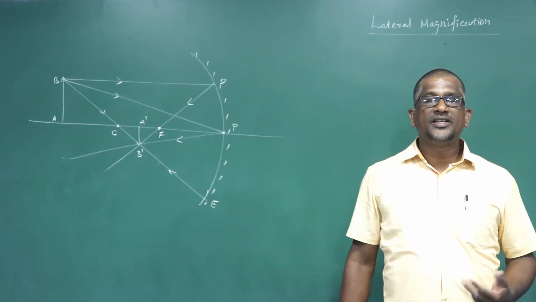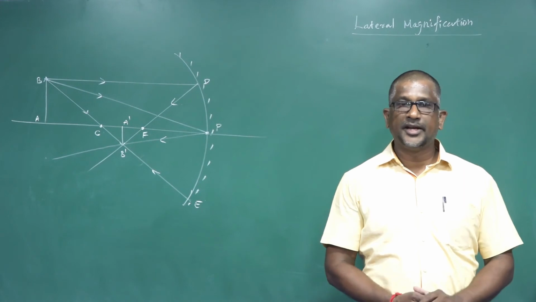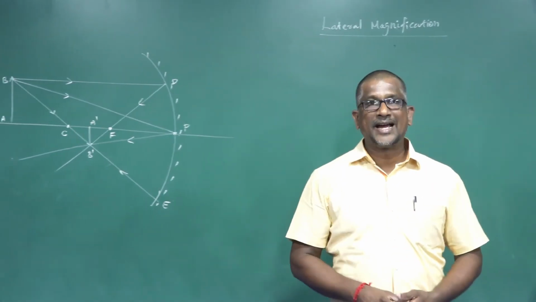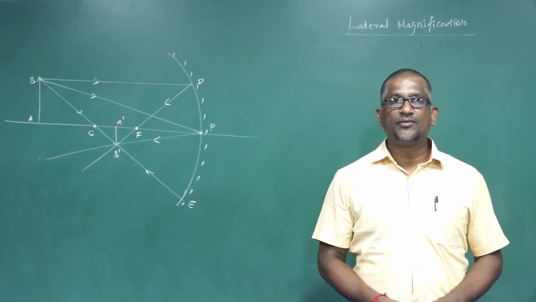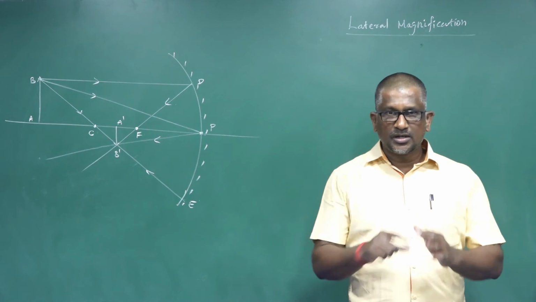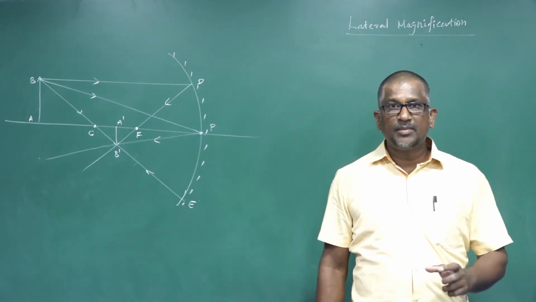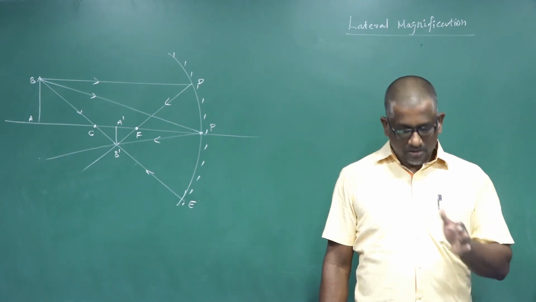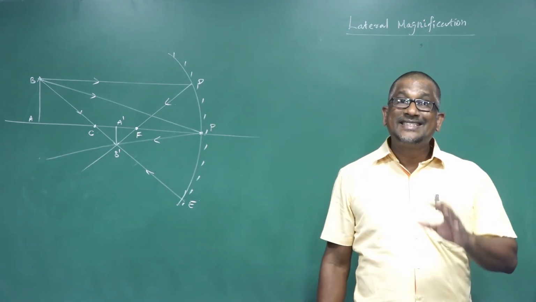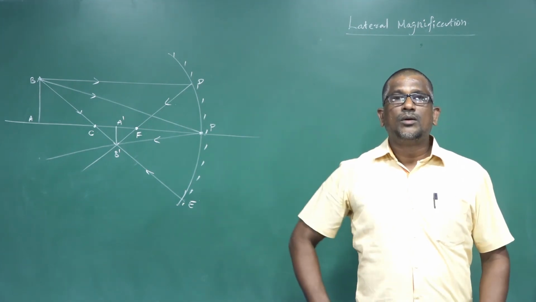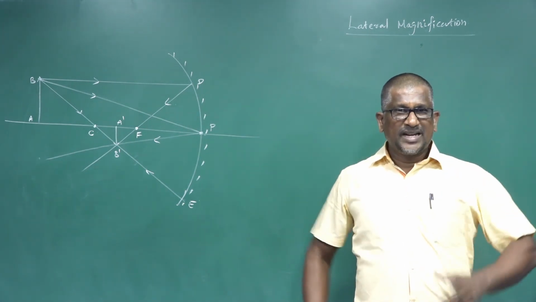So far we discussed the mirror equation. Next we will see lateral magnification. If any object is placed in front of a spherical mirror, the mirror may produce a magnified image, a diminished image, or an image of the same size as the object.